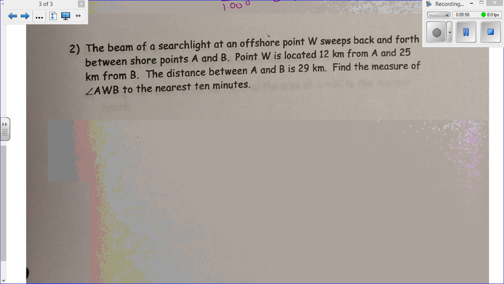Well, this is point W. And then we have offshore points A and B. And there's a light sweeping between them. And we need to find AWB, which is over here.